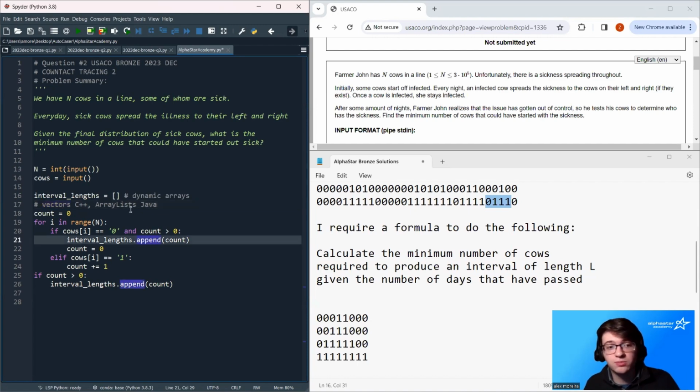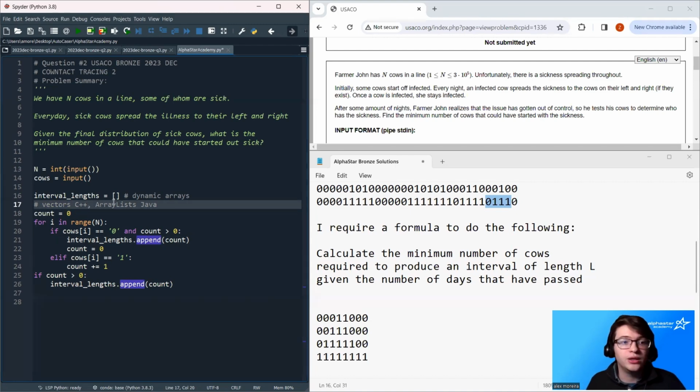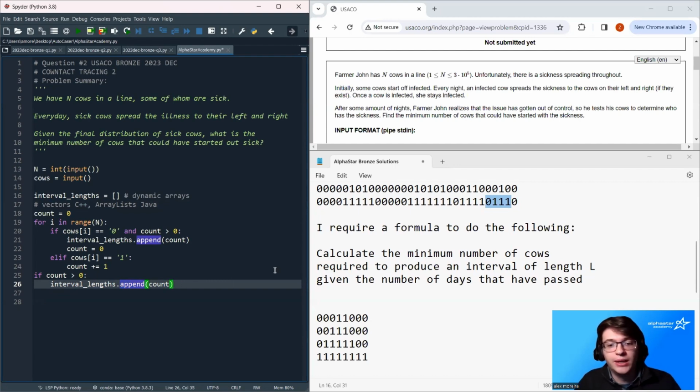So in Java and C++, for the most part, if you just use the basic array, it's a fixed length. Here, you're going to want to use vectors and array lists in order to get this append functionality.